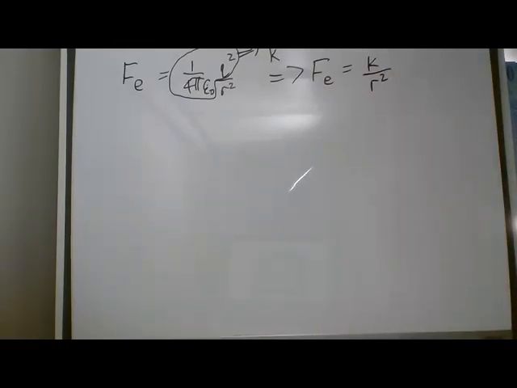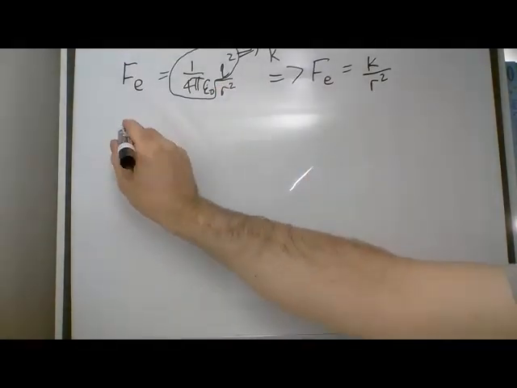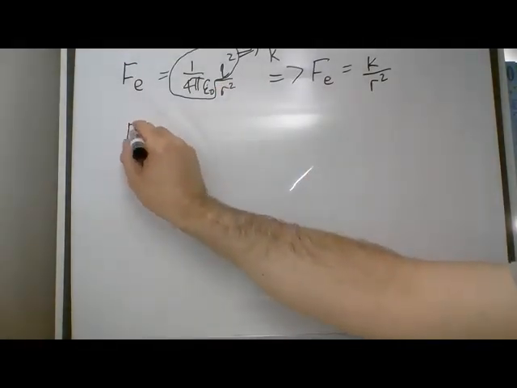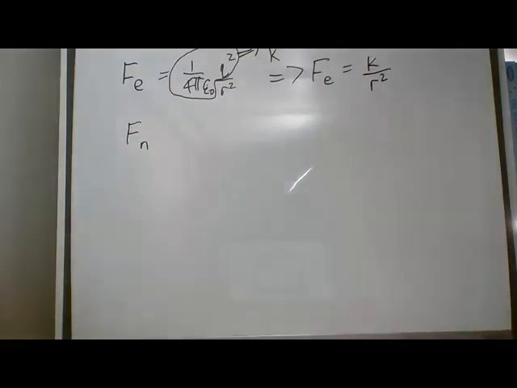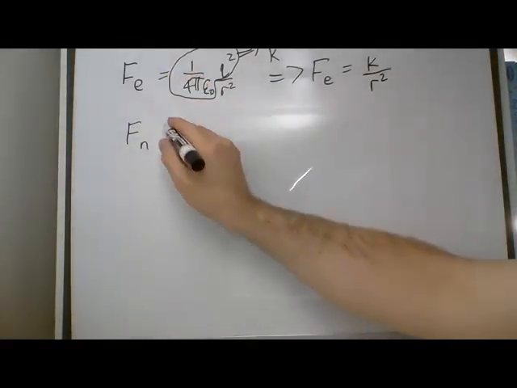Now, Coulomb's law does not operate inside the nucleus. The nucleus is much more complex. But we can think of a law similar to Coulomb's law as operating inside the nucleus. So let's call the force operating inside the nucleus F sub n. And this is similarly equal to a constant.